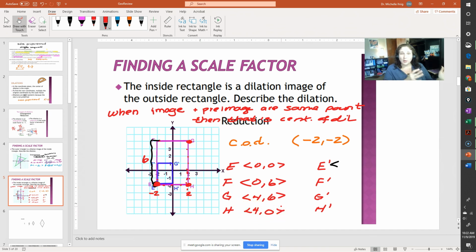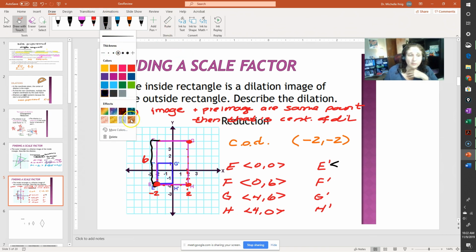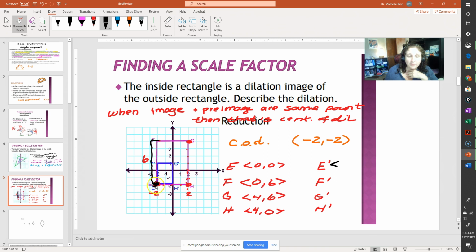Okay, now let's look at our primes. Our primes are going to be done pretty much the same way. Again, we're doing everything from this center of dilation. E prime and E are the same, so when I try to find my scale factor, I wouldn't do 0 over 0 because it's undefined. That's not going to help me. Let's look at the next one. Here's our image.